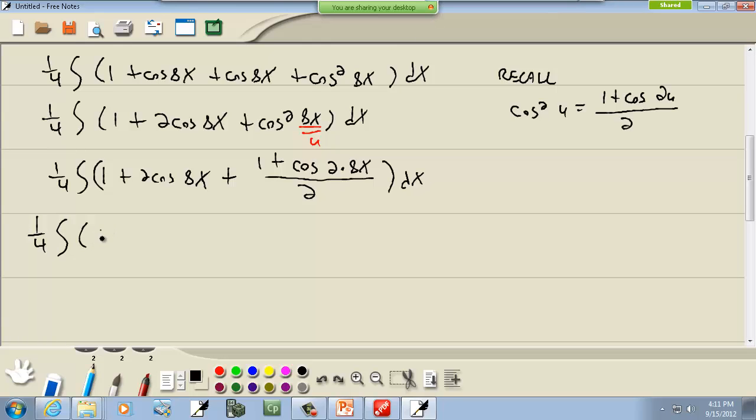So we got 1 plus 2 cosine 8x plus 1 plus cosine 16x over 2 dx.